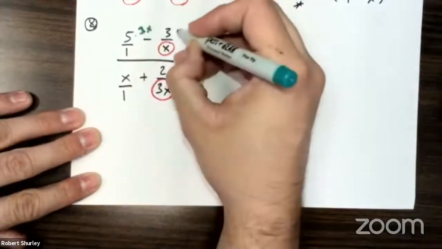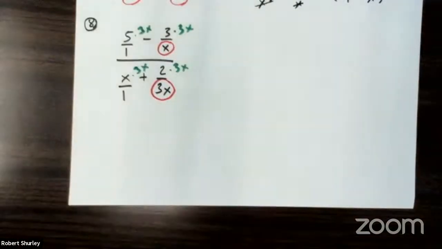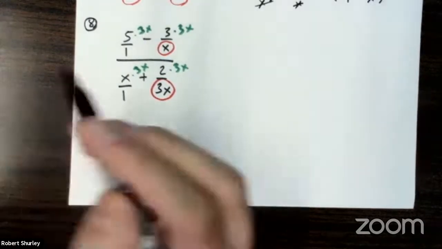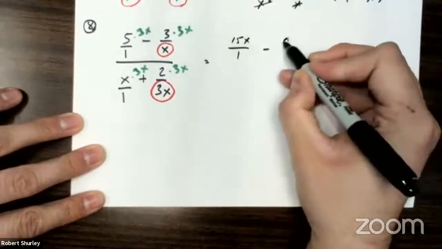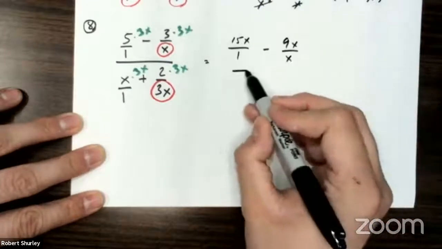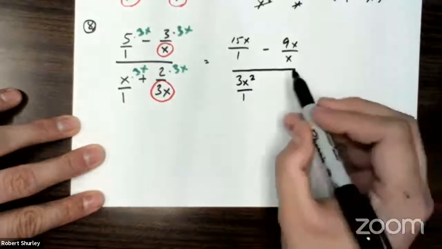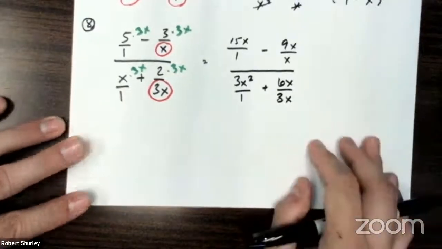I'm going to change the color up. No, this marker needs to go away. But I'm going to multiply all 4 of these by 3x. So when I do that, I wind up with 15x over 1 minus 9x over x, right, over 3x squared over 1 plus 6x over 3x.